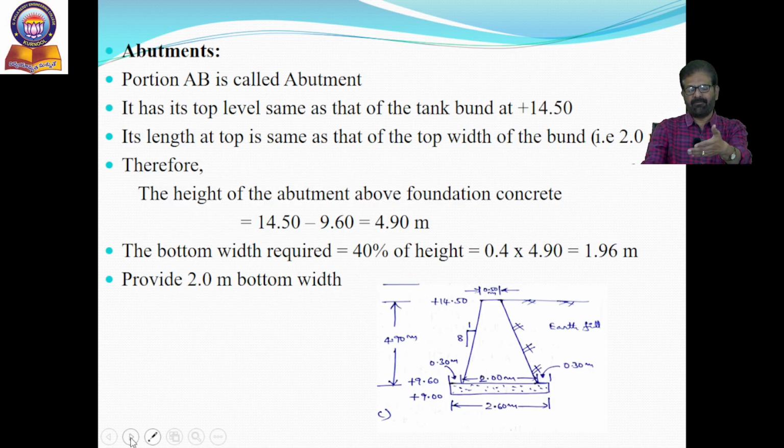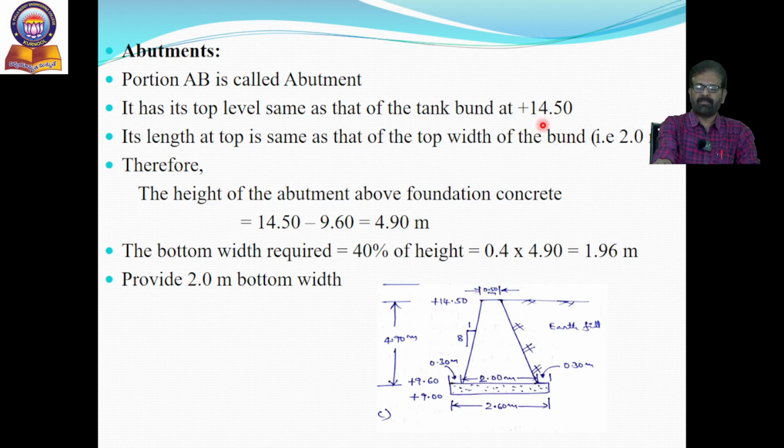Just quickly I will go through this procedure. How to design the abutment: as shown in the previous figure, that portion AB is called abutment. It has the top level same as that of the tank bund. Tank bund top level is plus 14.5. These are all explained with respect to the numerical problem only, as I said earlier.